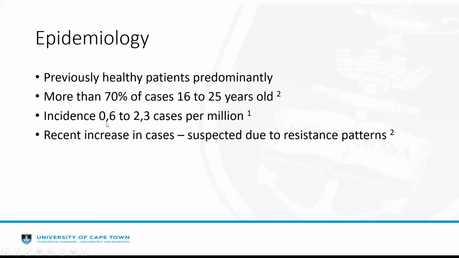It's a relatively rare disease with 0.6 to 2.3 cases per million population. And then there's a recent increase in cases in the last decade seen, and this is postulated to be due to arising new resistance patterns, as well as change in antibiotic prescribing patterns.